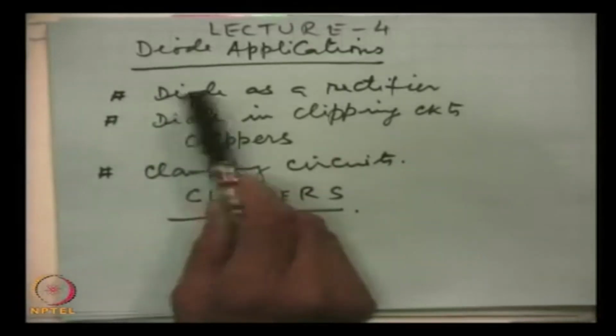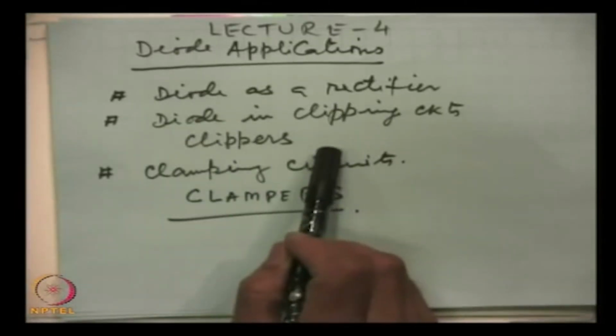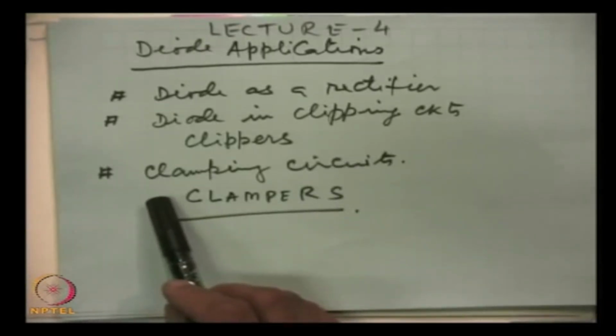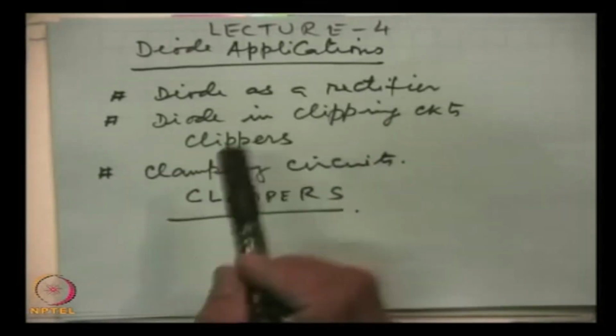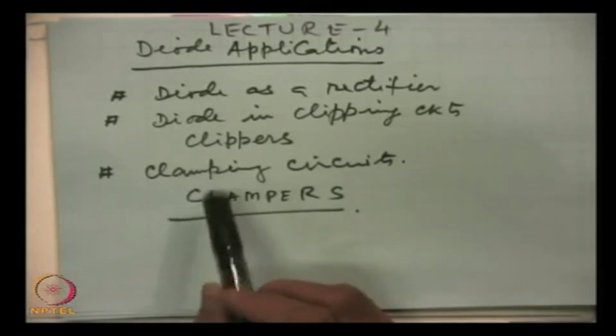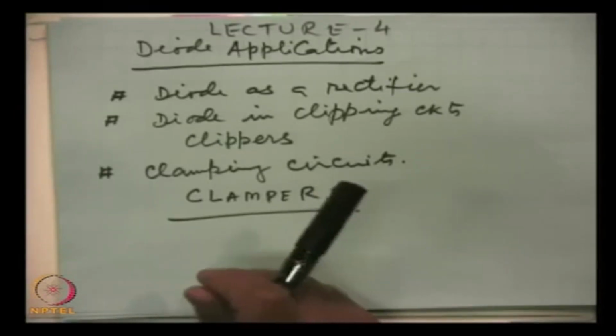The one is diode as a rectifier, and diode in clipping circuits, which are known as clippers, and diode in clamping circuits, which are known as clampers. So, rectifiers, clippers and clampers, these are the 3 basic uses of a diode, and we will talk about them one by one.